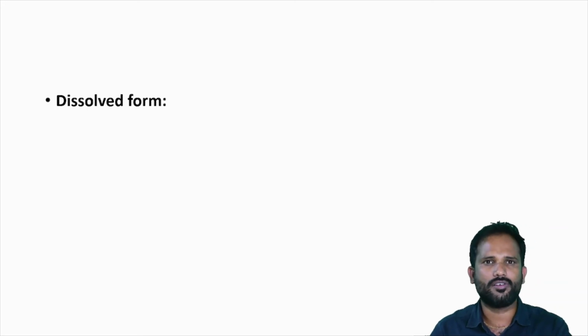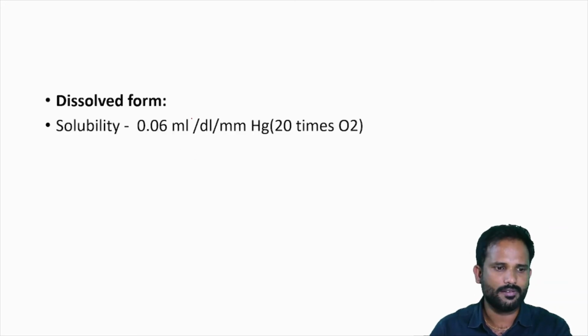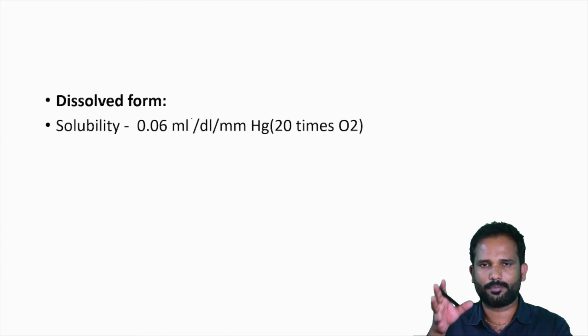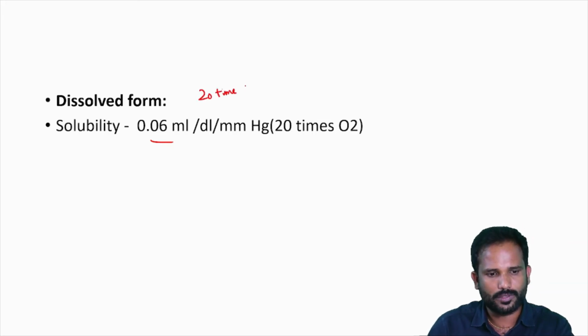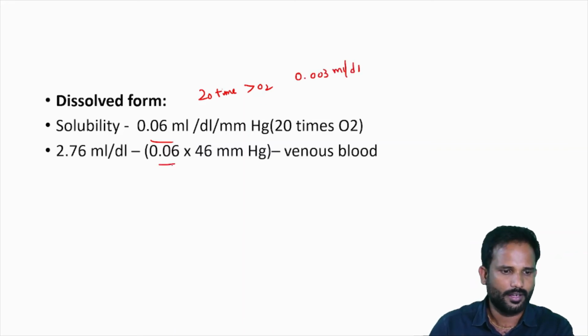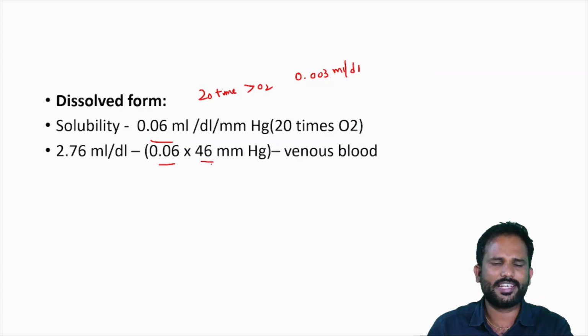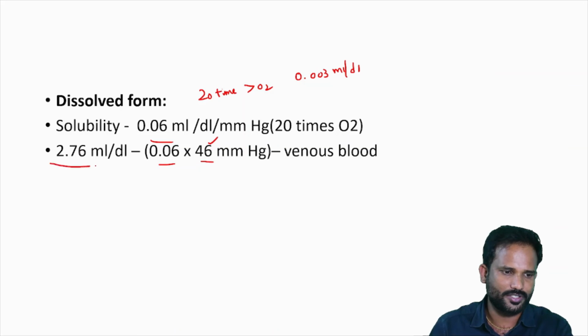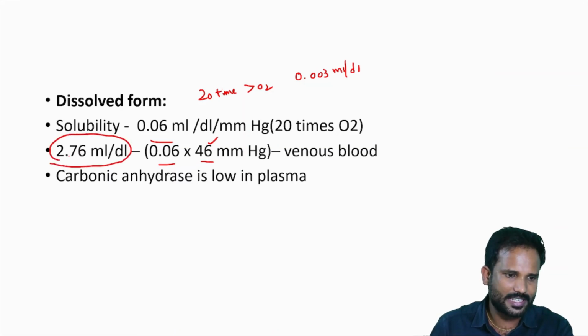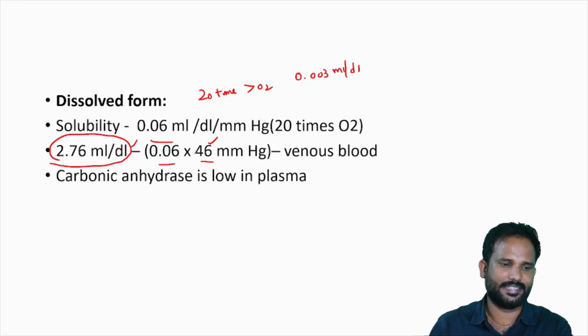And for the dissolved form, same Henry's law, solubility is directly proportional to partial pressure. It is around 0.06 ml, almost 20 times more than oxygen, whereas oxygen solubility is 0.003. And 0.06 times the venous blood partial pressure of carbon dioxide, 46 mmHg, gives 2.76 ml per deciliter.